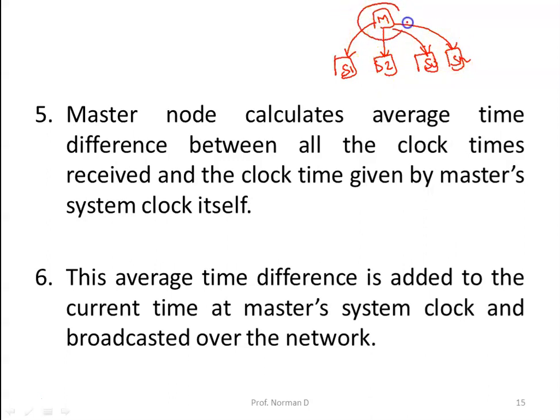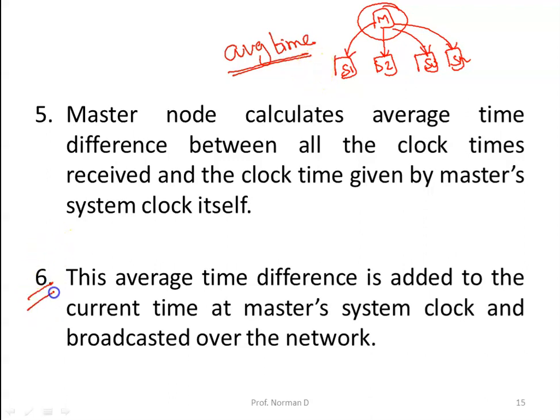Now the master calculates the average time difference between all the clock times received and the time given by the master system clock itself. So basically the master calculates the average time difference between all the clocks.